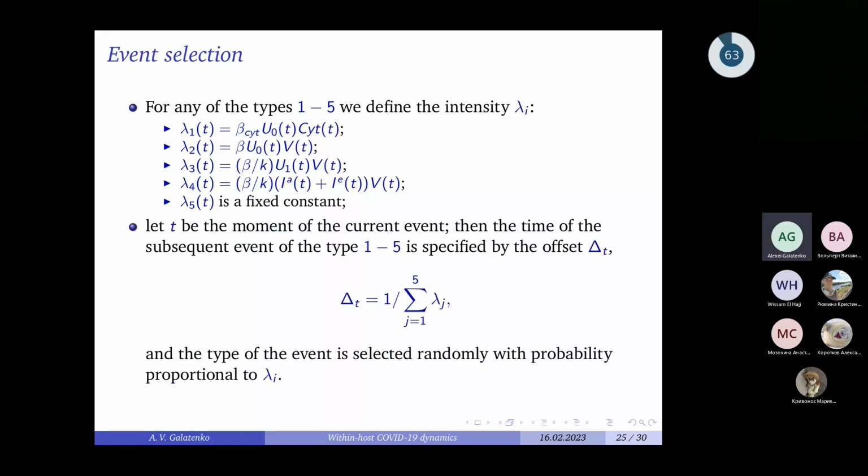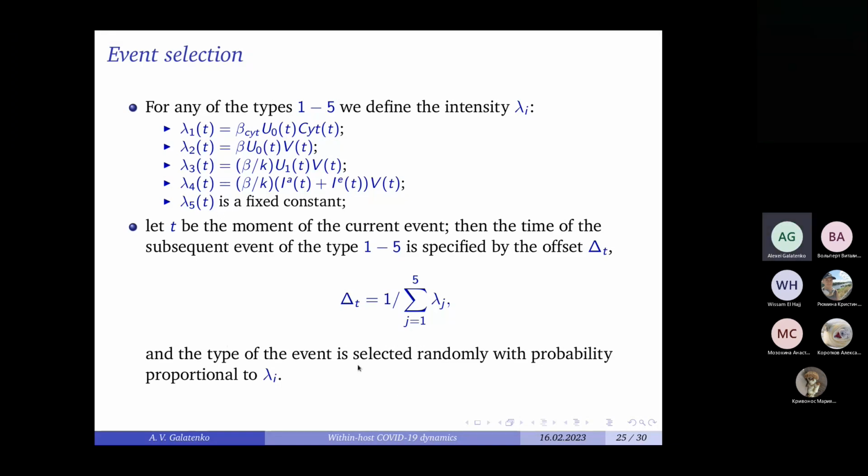Now, let T be the moment of the current event. We want to select the time of the next event. The offset is set equal to delta sub T, which is computed in the following way. This is just the mathematical expectation of an exponentially distributed random variable that corresponds to the total intensity of 5 flows.